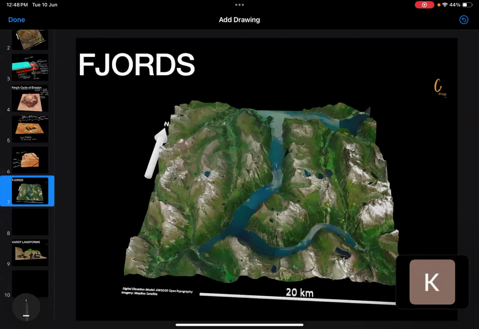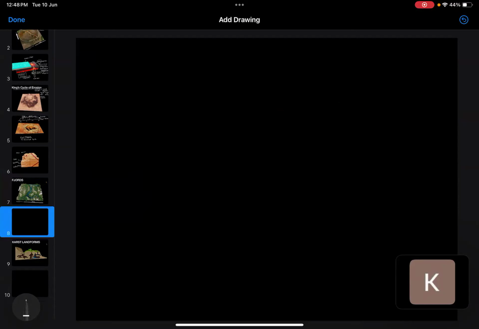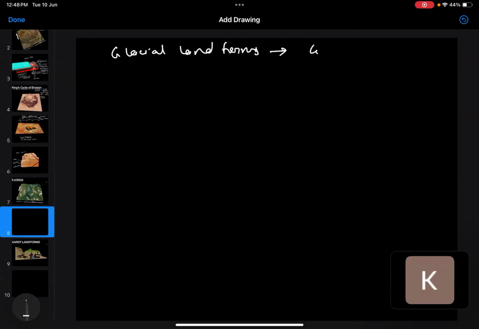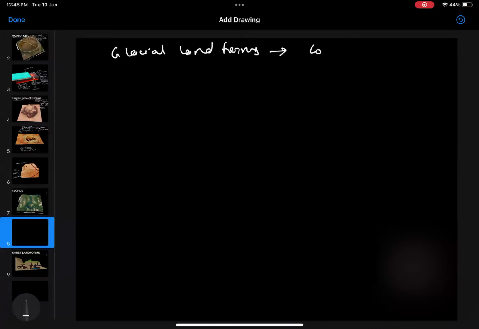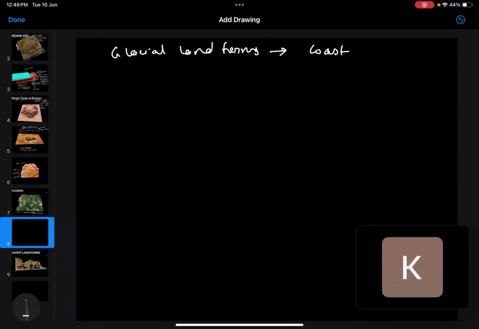moving to the next case, we have fjords. Okay, when we look at fjords, we will see that fjords are basically glacial landforms. They are basically glacial landforms which are present in the coastal region.